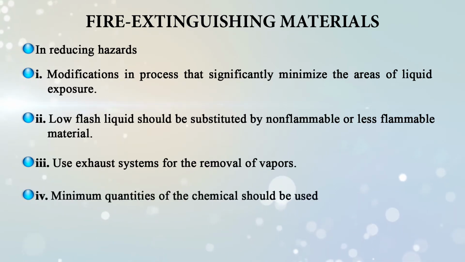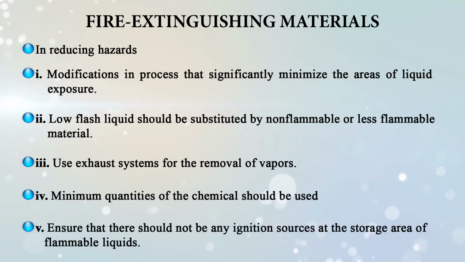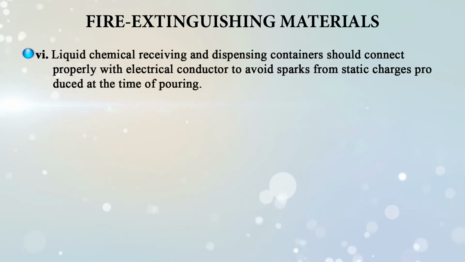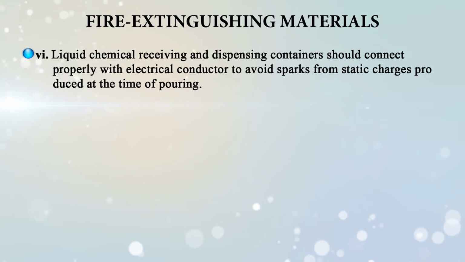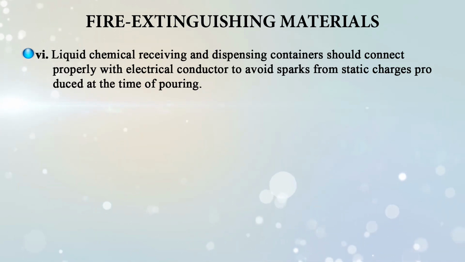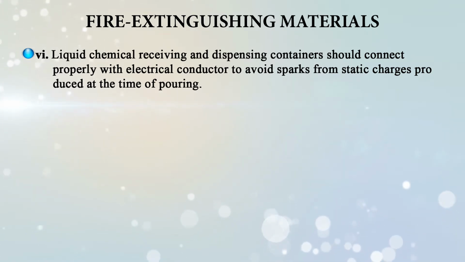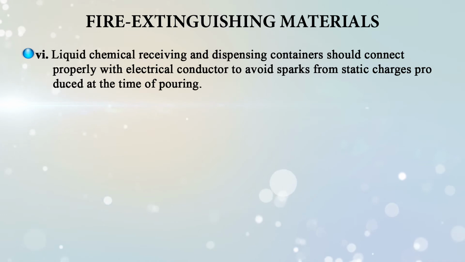Minimum quantities of chemicals should be used. Also ensure there are no ignition sources at the storage area of flammable liquids. Liquid chemical receiving and dispensing containers should be connected properly with an electrical conductor to avoid sparks from static charges produced at the time of pouring.